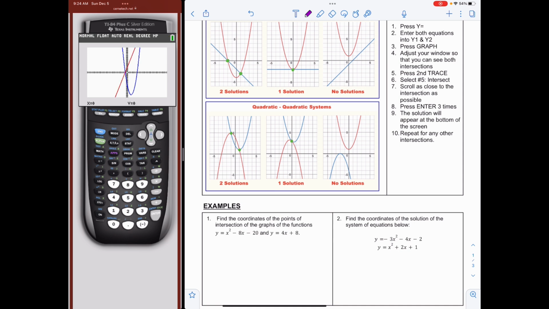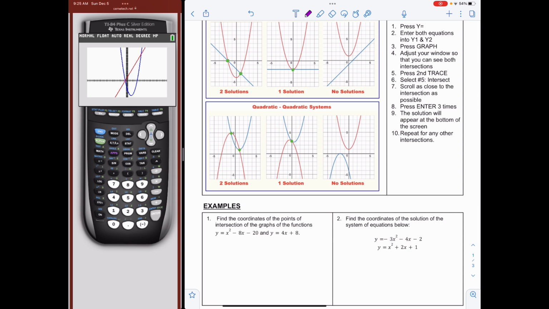I realized that maybe I need to adjust my Y window a little up. So I'm going to press window, and for my Y max, I'm going to put 80 here, and see if then I can see the other intersection. All right, so now I see both of them.